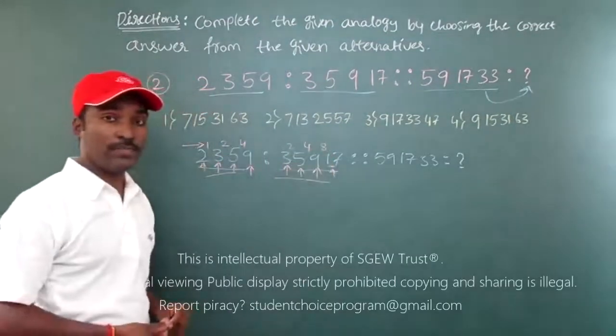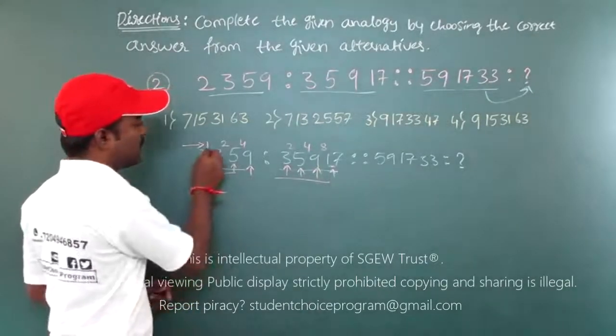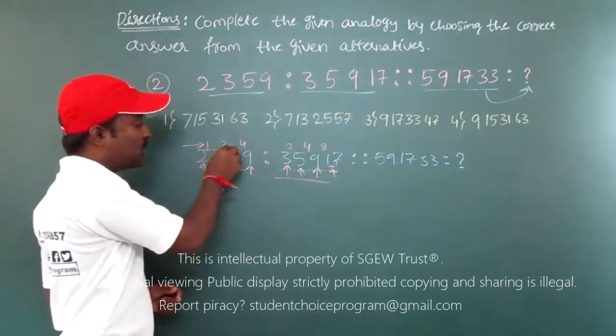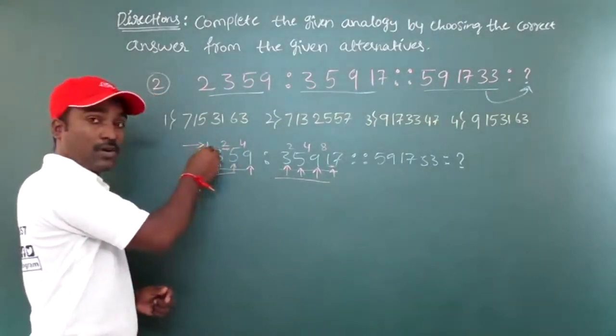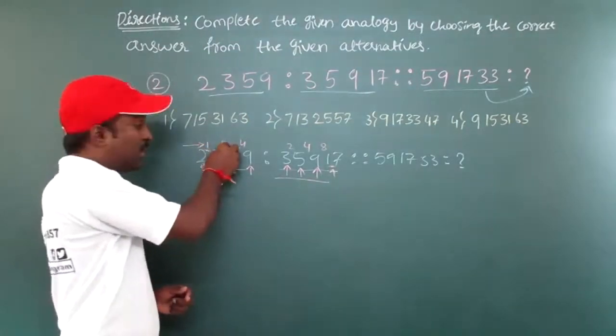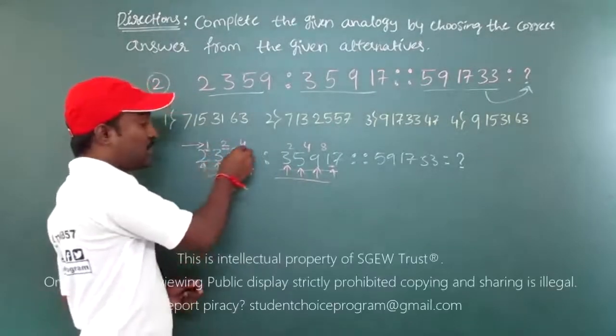What can you say? The difference is doubling. Here the first difference is 1. The next difference is 2, which is double of this 1. And the next difference is 4, which is double of 2.